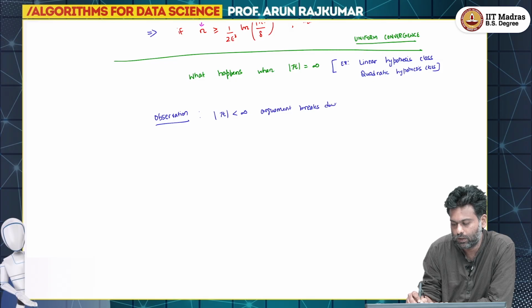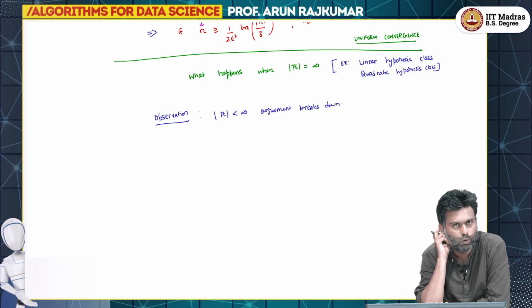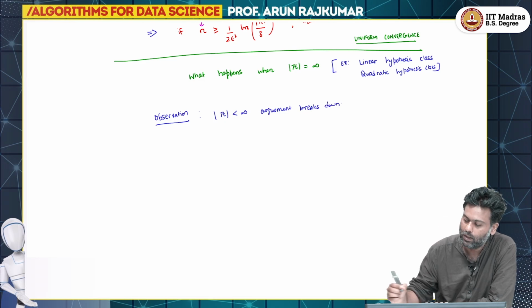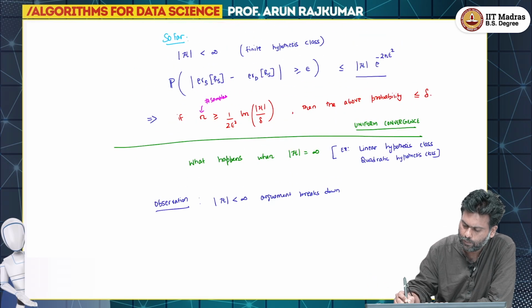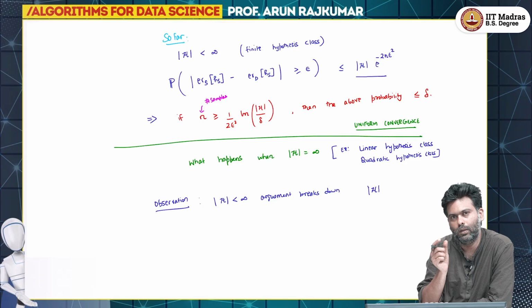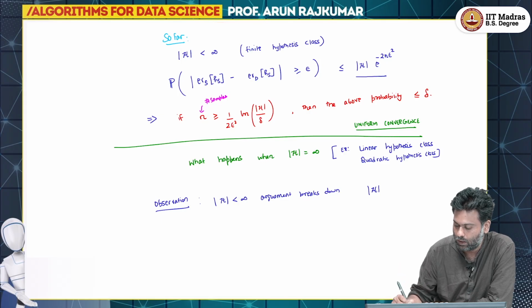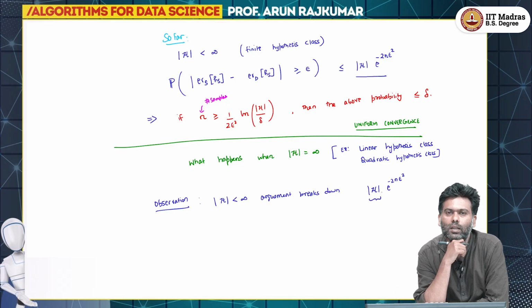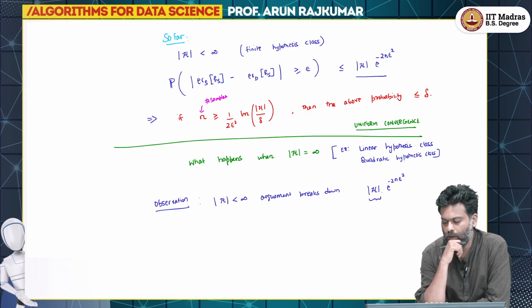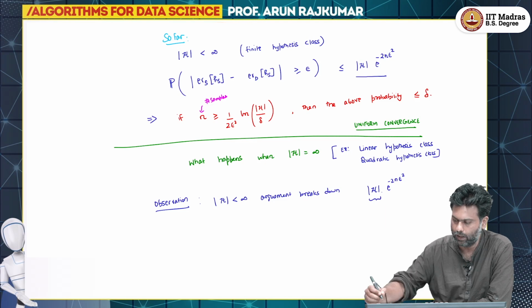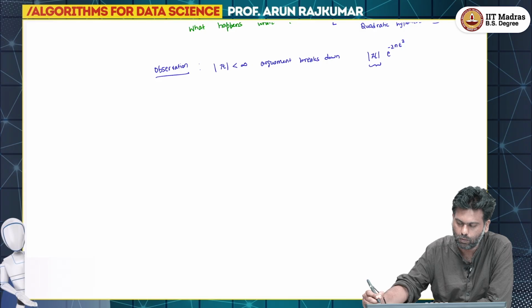If that already worked for H equals infinity, then we wouldn't have to prove anything new, but this argument breaks down, because what we are essentially saying is that the probability, the chance that train error and test error are far apart by at least epsilon, is at most cardinality of H times e to the -2n epsilon squared. But if cardinality of H is infinity, then it doesn't make sense. Saying this probability is less than or equal to infinity is a useless statement to make anyway, right. So that argument is going to break down.